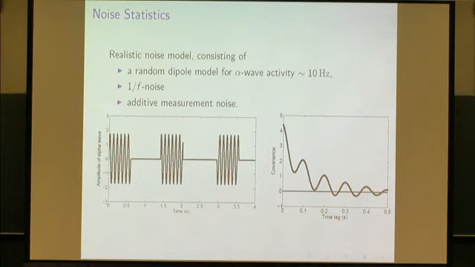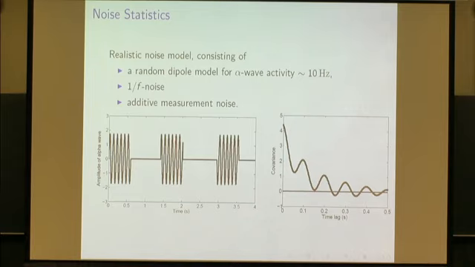What they did was put random dipoles into the brain and turn them randomly on and off, and these random dipoles oscillate with a frequency around 10 hertz. The intervals are drawn from a Poisson distribution, and which dipoles are on and off is drawn from a uniform distribution.